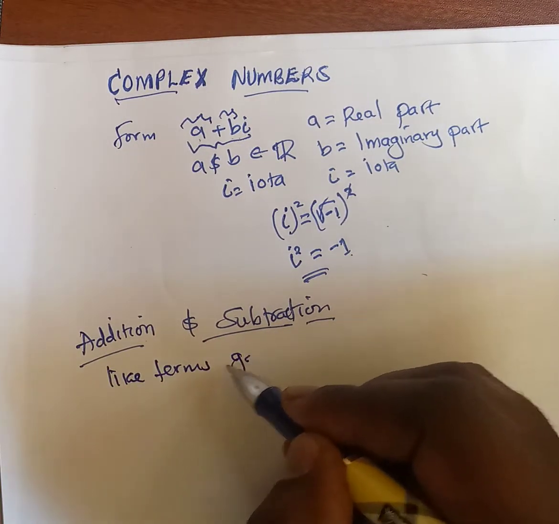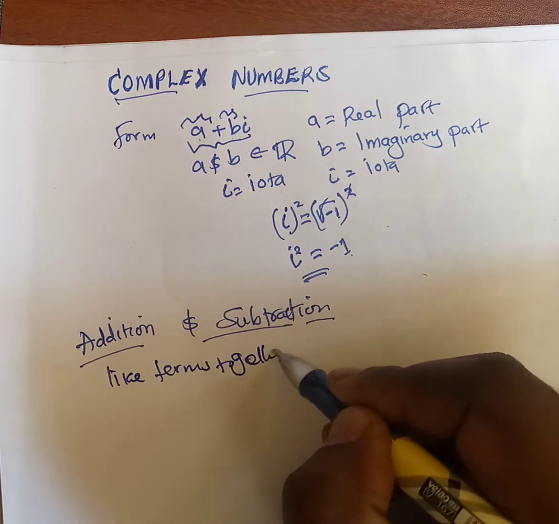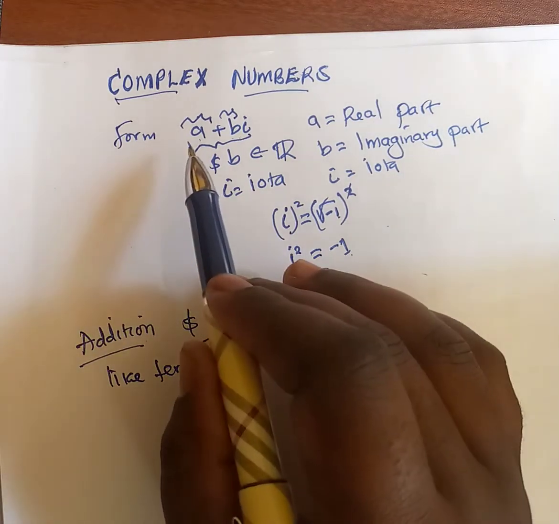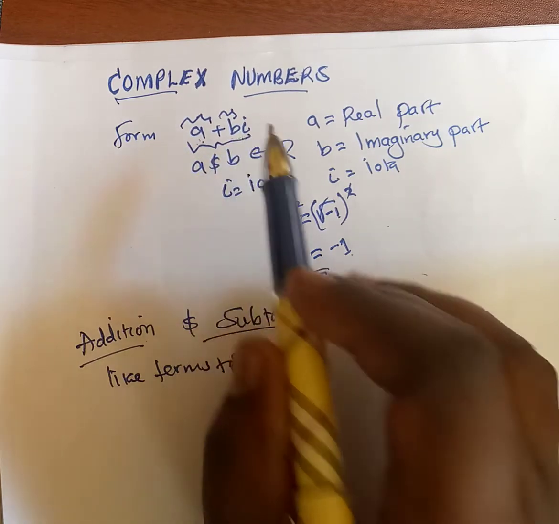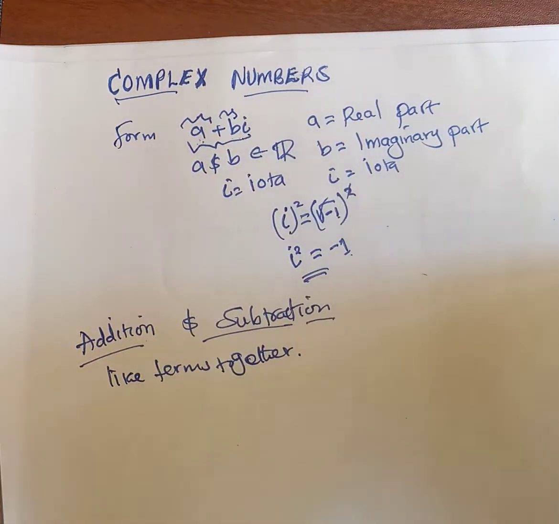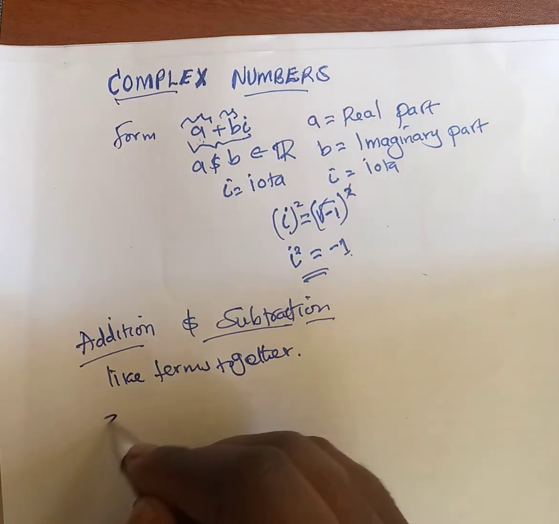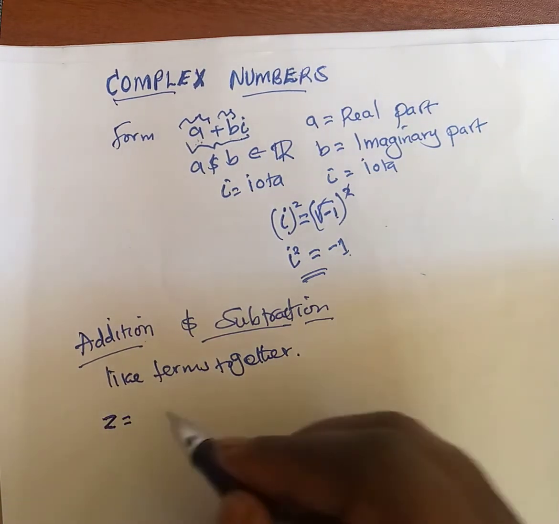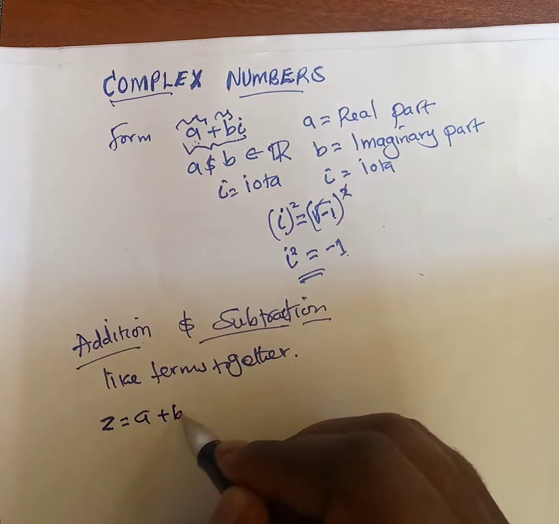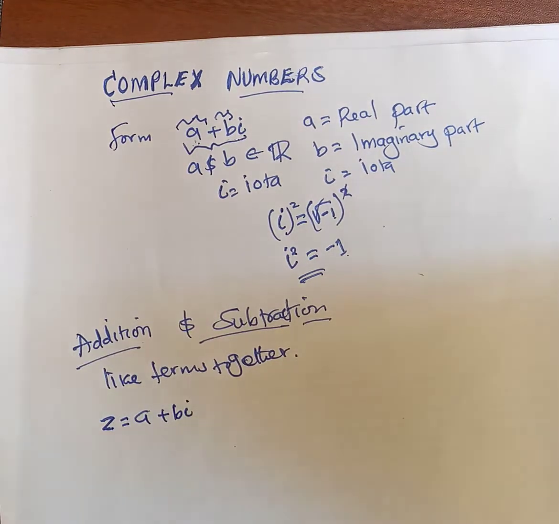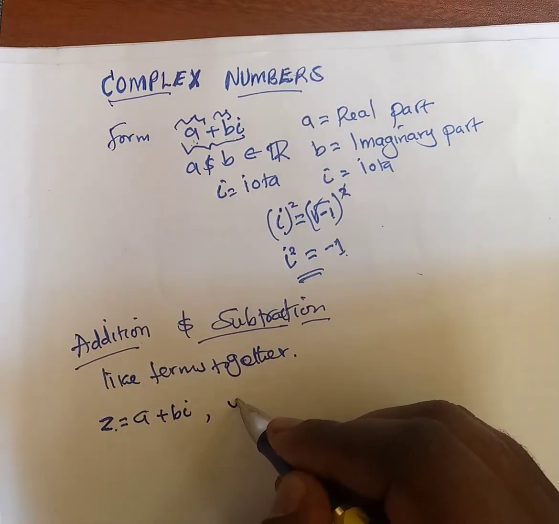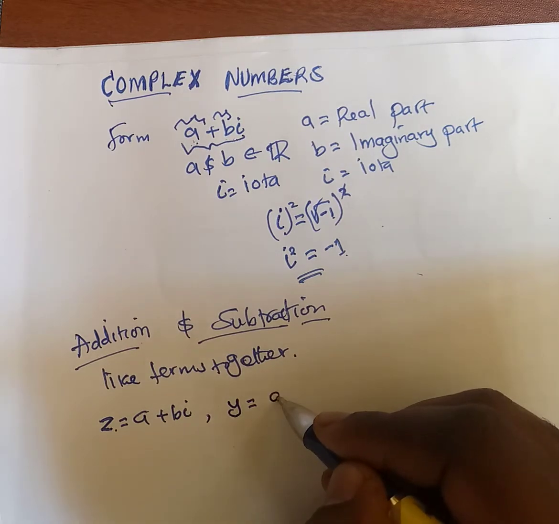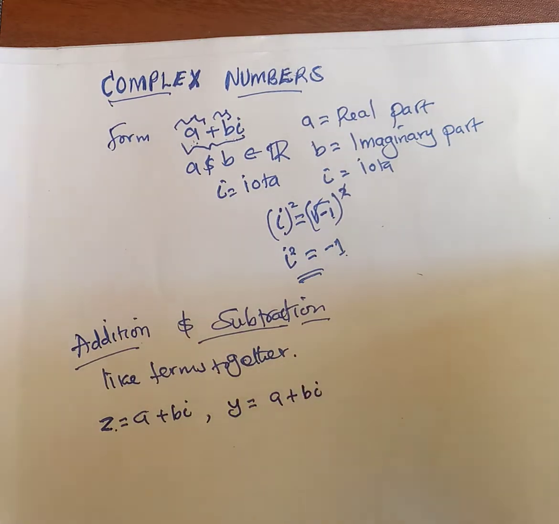By like terms together, we mean since a complex number has two parts, the real and the imaginary, when you are adding two complex numbers, let's say z equals a plus bi, and you have another complex number y equals again a plus bi.